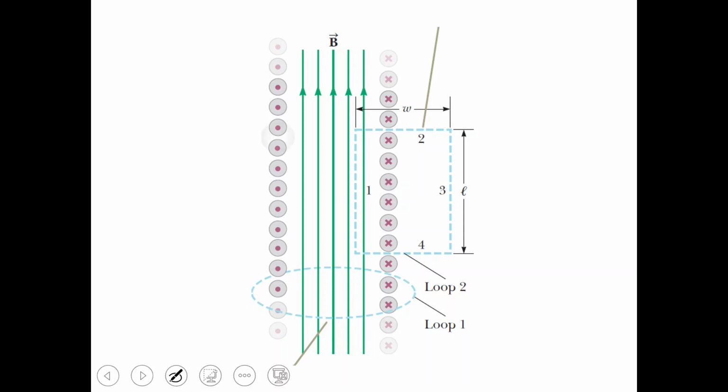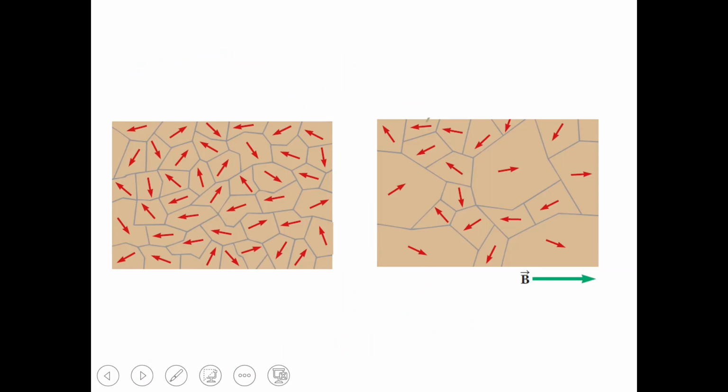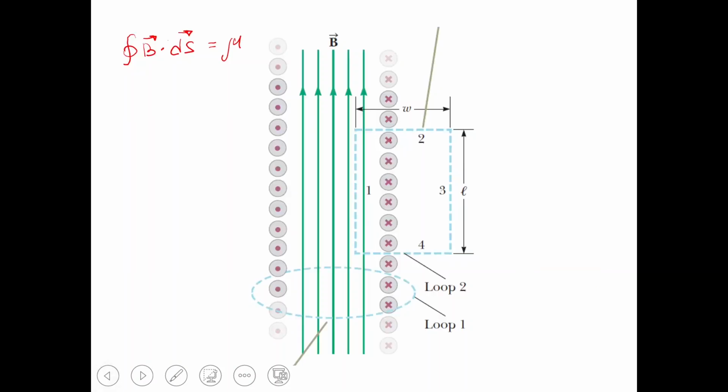It will be the integral over the closed loop of the magnetic field vector dot product ds vector, equal to mu naught times I. So what is the magnitude of the dot product if we have 2 vectors?